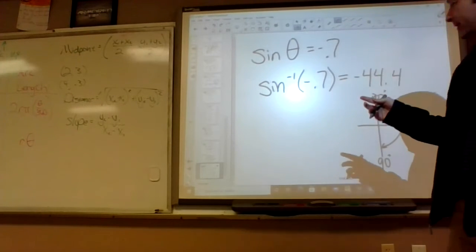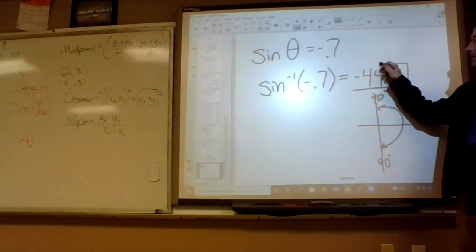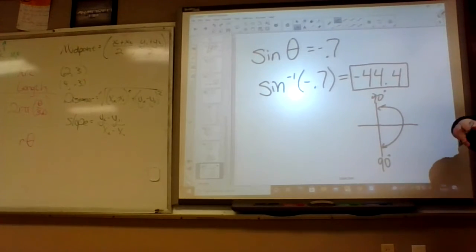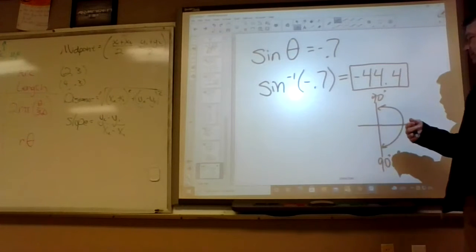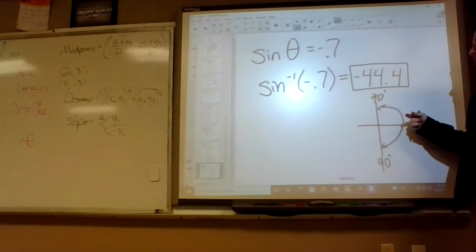So what they gave us here is our reference angle, and we're supposed to turn it into angles between 0 and 360.